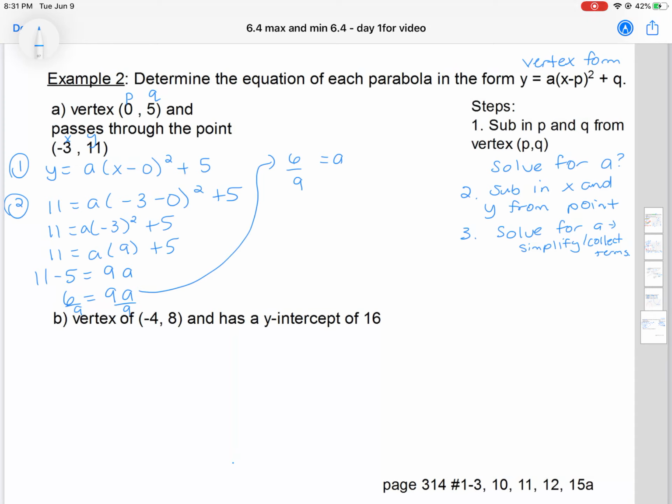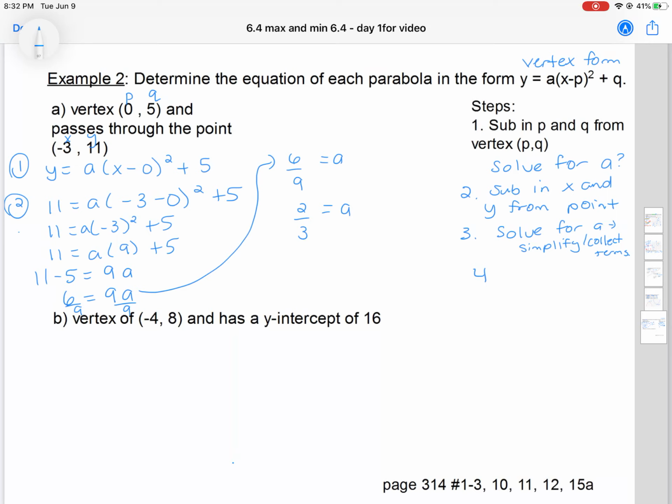You can change this into a decimal, or you can leave it as a fraction, but make sure you reduce, okay? If it doesn't say to graph, then you can have a weird fraction. I wouldn't make you try to graph this parabola with this weird a value, okay?